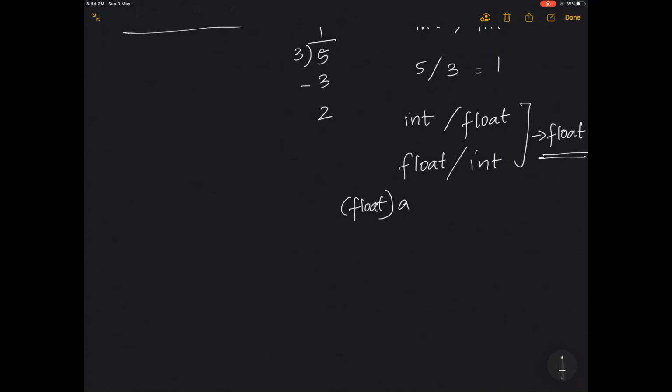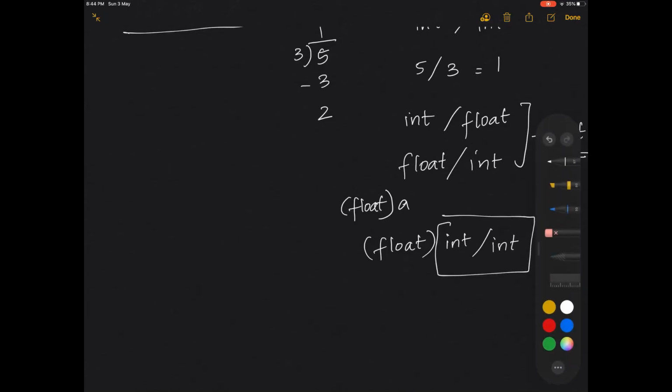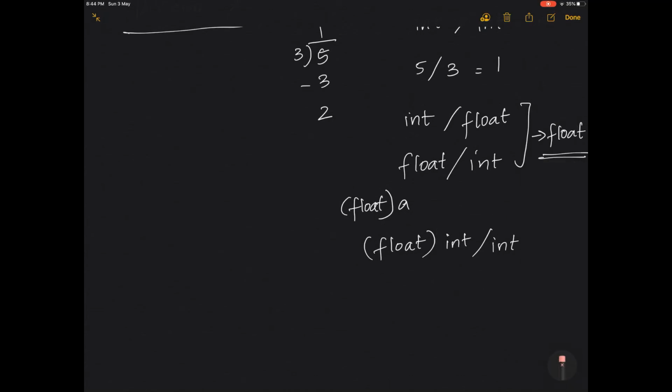So now if I am doing a float of an integer by integer, I am letting go of 1 and converting 1 forcefully to a float. Now it becomes a float by integer. Now this integer by default will get converted to float by the compiler and my answer will come in float.